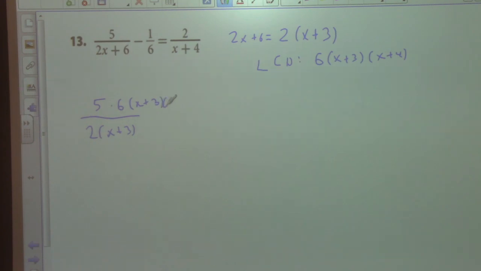There you go. x plus 4. And then we have minus 1 over 6. We multiply that by 6, x plus 3, x plus 4. And then on the other side, we have 2 over x plus 4 times 6, x plus 3.